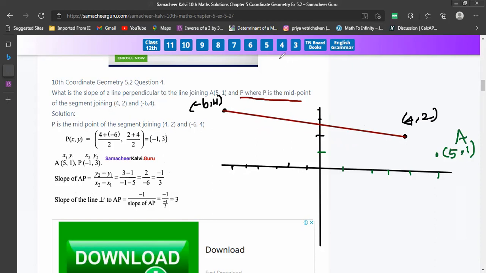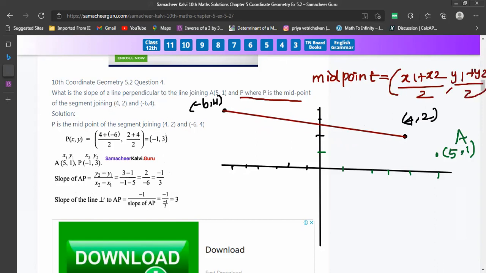So how will you find the midpoint? What is the formula for the midpoint? It's x1 plus x2 by 2, comma y1 plus y2 by 2. So we are finding the midpoint for these 2 points, isn't it? So we'll assume this is x1, y1 and this is x2, y2.